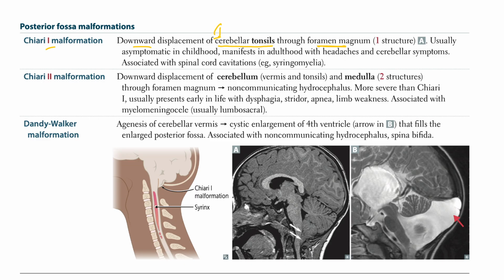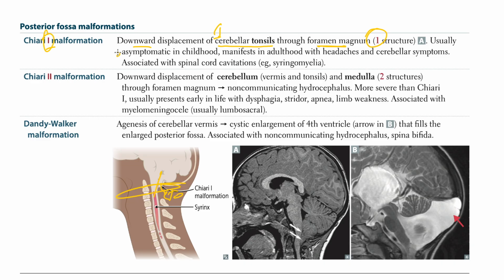So if this is the foramen magnum, what is going to herniate in Chiari 1 malformation is just the cerebellar tonsil. One structure, Chiari 1.